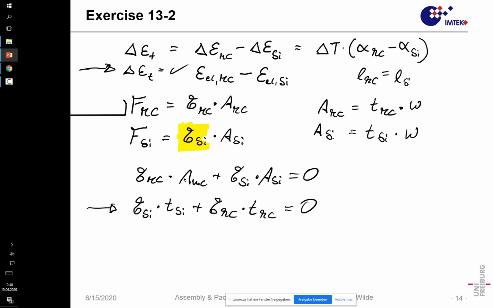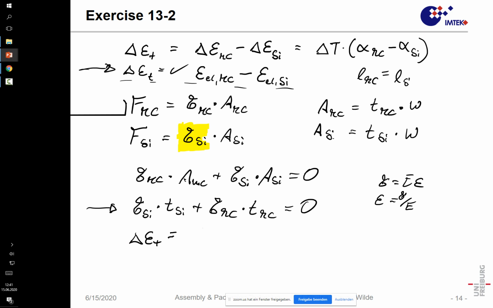Again, we take this formula, and delta epsilon T is, so sigma is E epsilon, epsilon is sigma divided by E. And in that way, we can modify that formula.